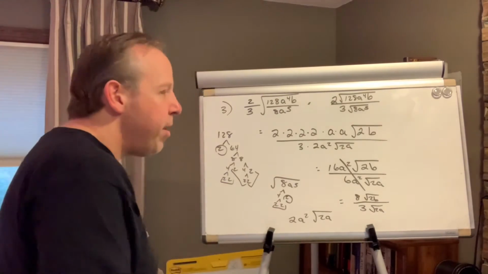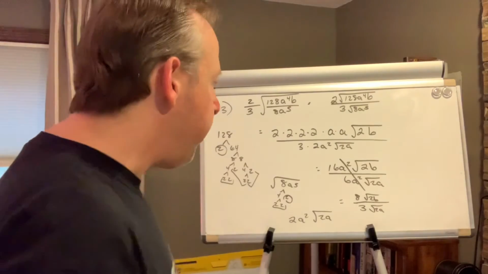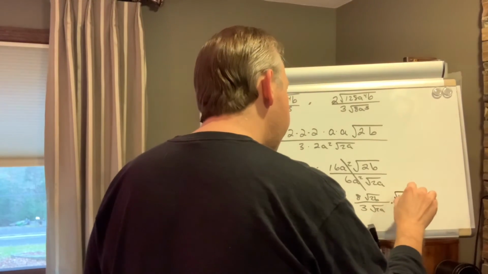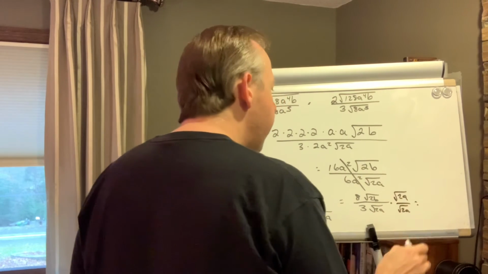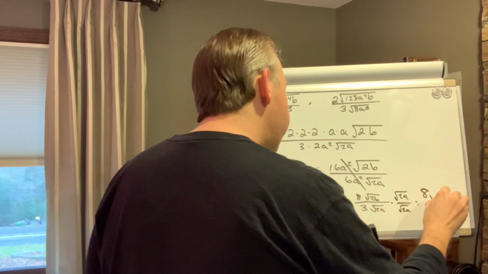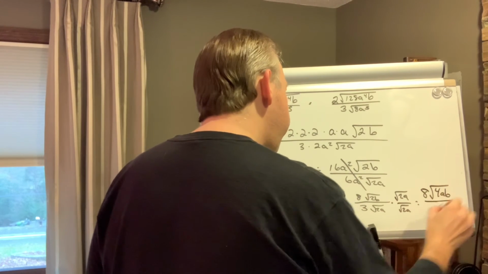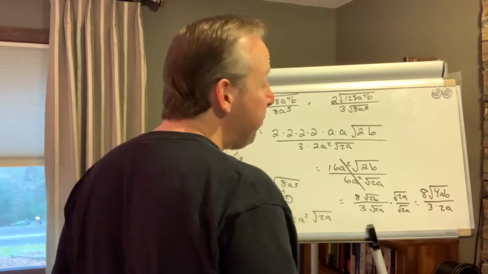Not done yet. You can't leave a radical in the denominator, as we said before. So I'm going to multiply everything by radical 2a, because that's going to get rid of the radical. So that's 8 radical 4ab over 3 times 2a, which keeps going.